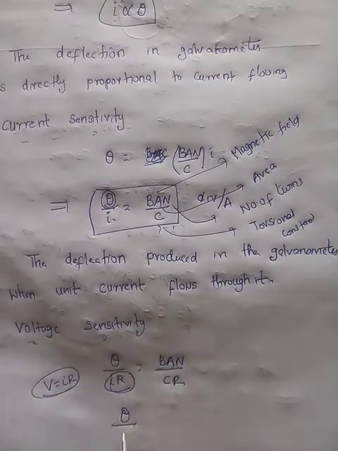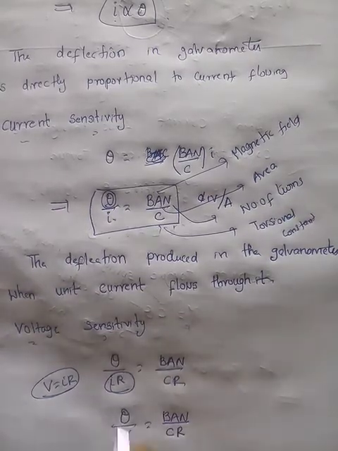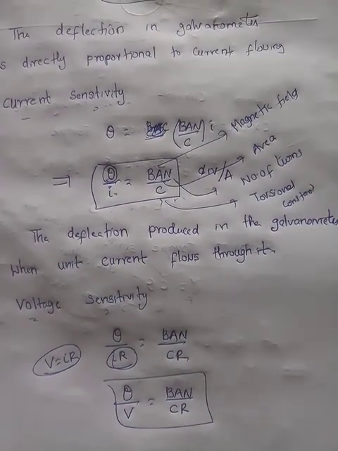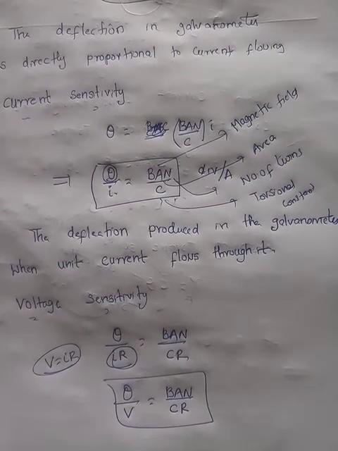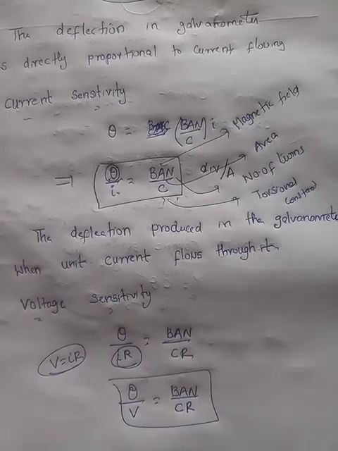So I can write theta by V equals BAN by CR. Theta is the deflection produced in the galvanometer when unit potential difference is applied across it. That is called voltage sensitivity.